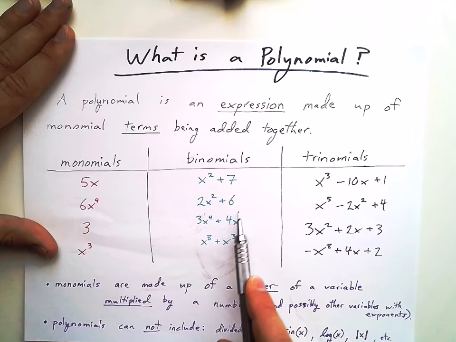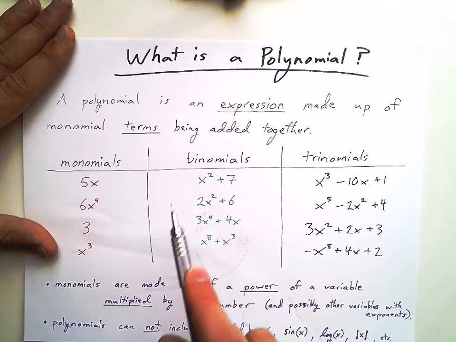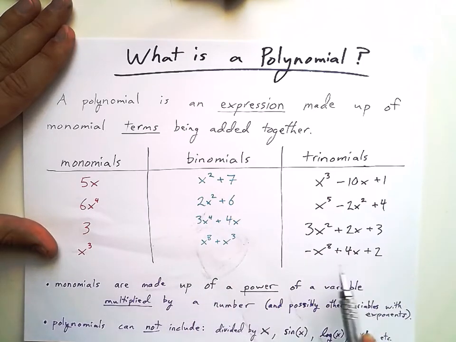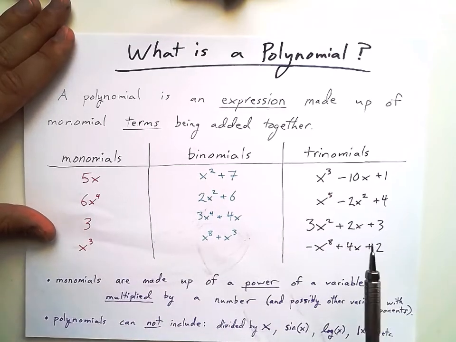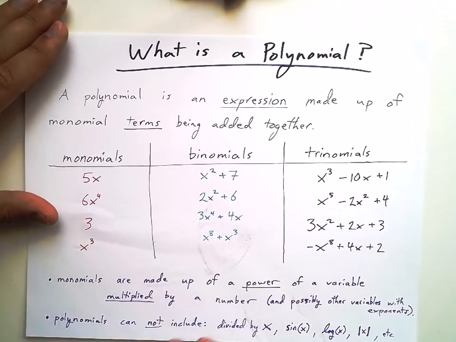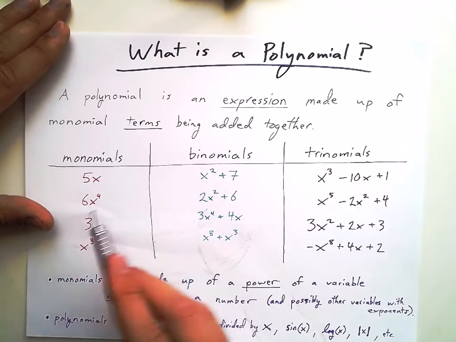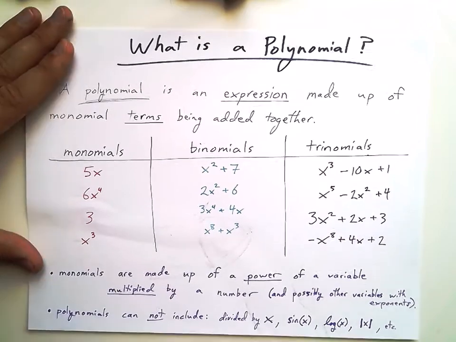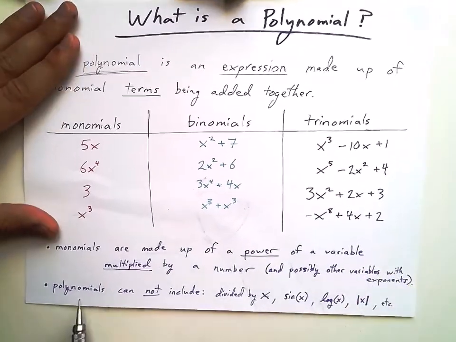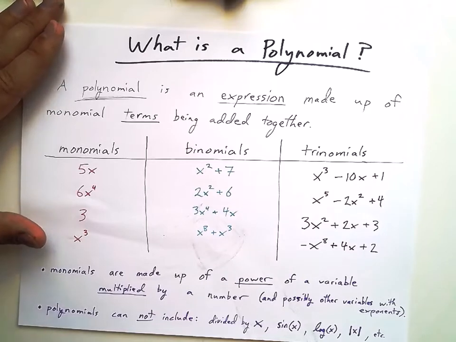Add 2 together and you get a binomial. Add 3 together, you get a trinomial. And whether it's a monomial, a binomial, a trinomial, or if there's a whole bunch of them all added together, those are all polynomials. Okay? And what would not be a polynomial?